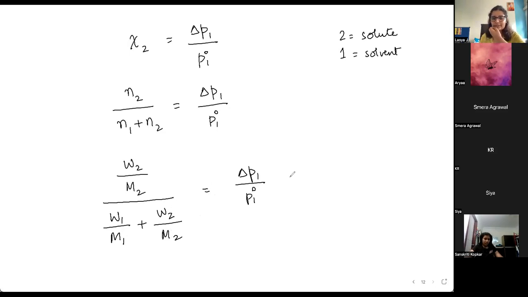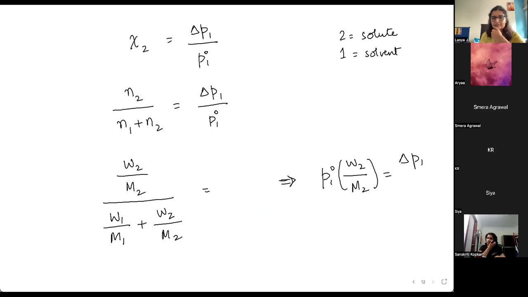So now rearrange this. How do we proceed? P1 naught into W2 by M2 is equal to delta P1. Let's just do it in a different way.